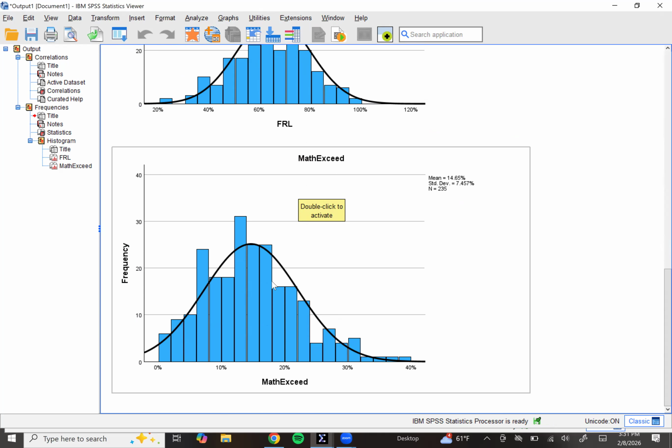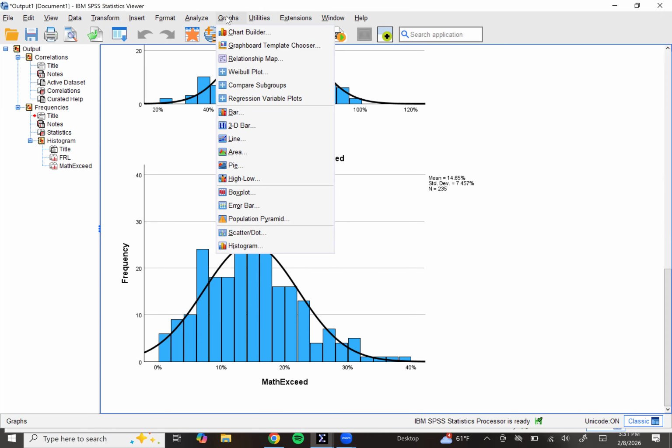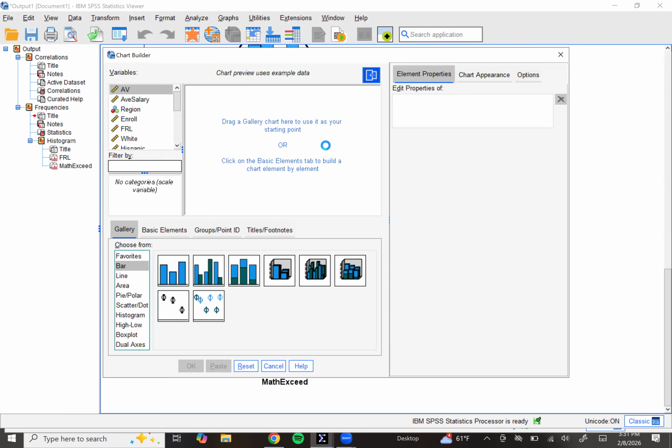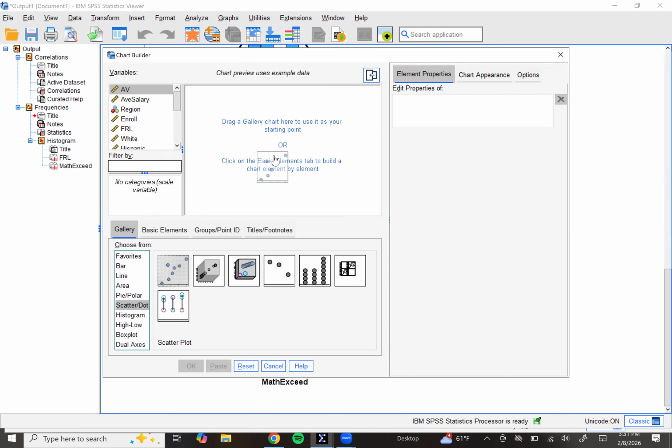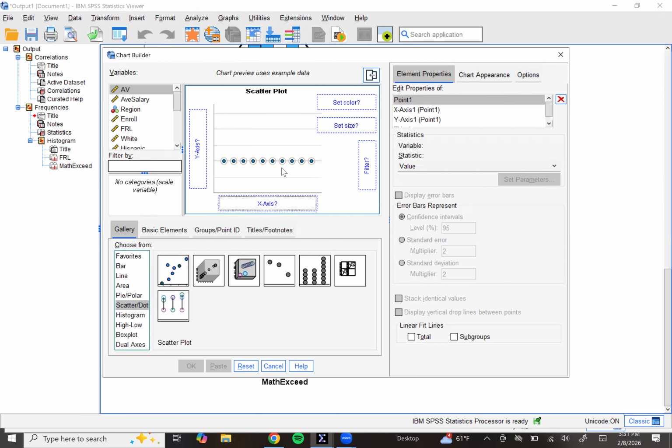The next thing we're going to do is check and see if we have linearity and homoscedasticity. To do that, we'll go up to Graphs, Chart Builder, and we're going to use the scatter plot. We're going to take it and drag it up, and place our X and Y variables in place.